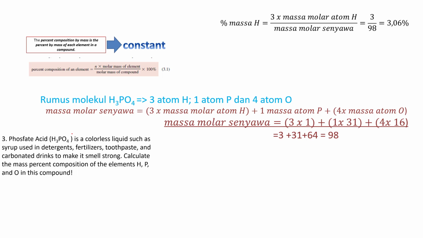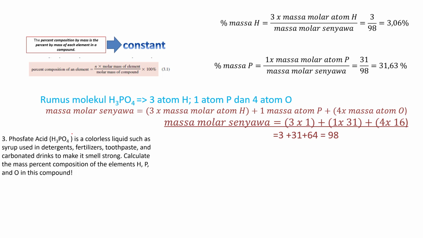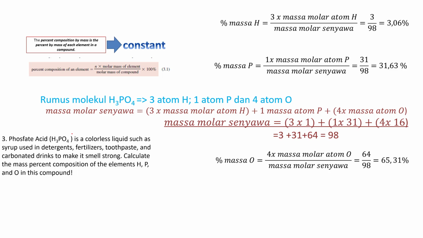After that, we can find the percentage of each element following the formula. So the percent mass of H is 3.06%, the percent mass of phosphorus is 31.63%, and the oxygen is the biggest, 65.31%. That's all about the review of the three basic principal laws in chemistry.